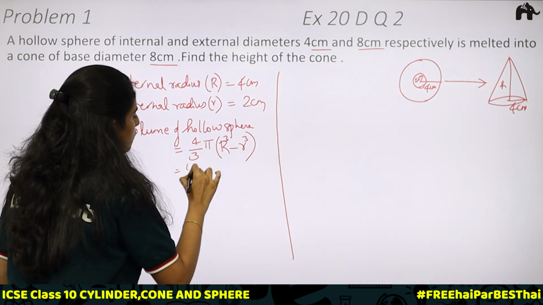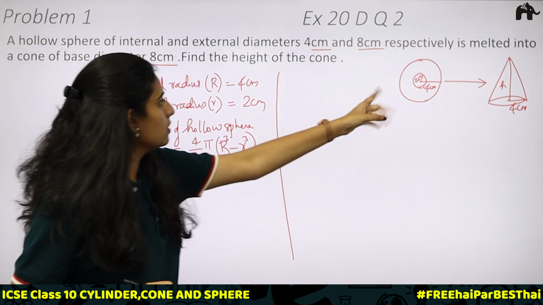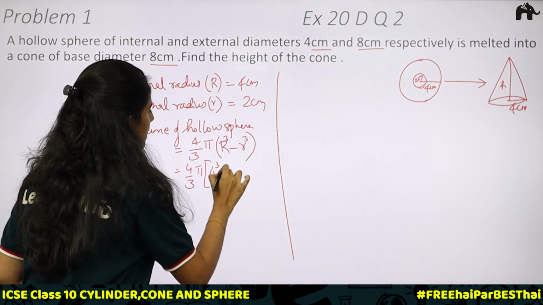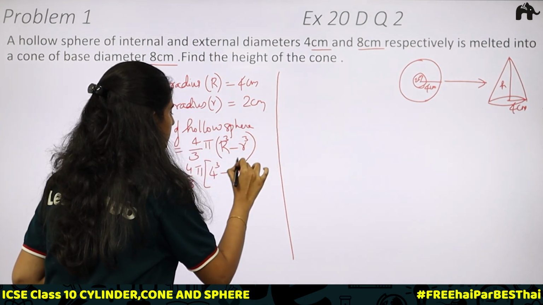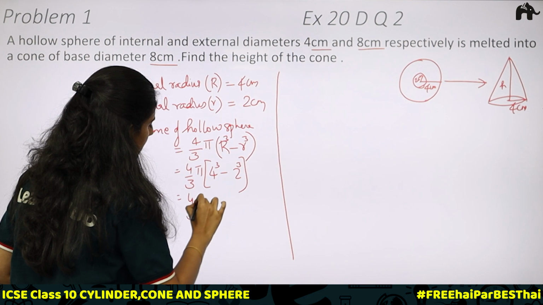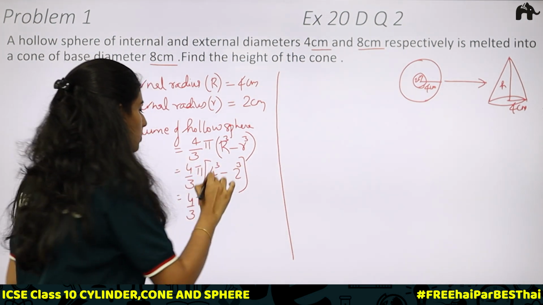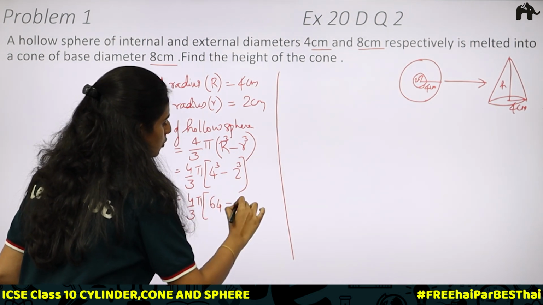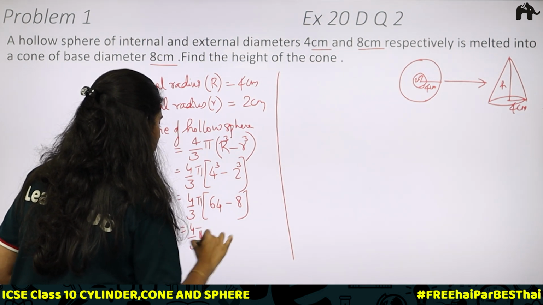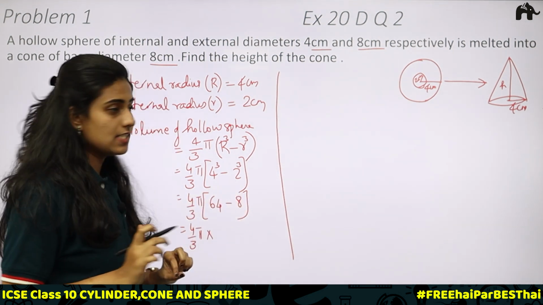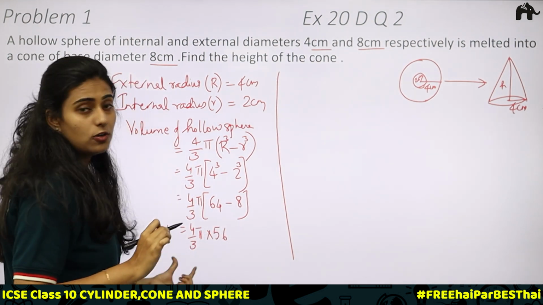Put the values. 4 by 3 pi, capital R cube is 4 cube, minus small r cube, 2 cube. What is 4 cube? 4 into 4 into 4 equal to 64, minus 2 cube which is 8. We get 4 by 3 pi into 64 minus 8, which is equal to 56. So this is the volume of the hollow sphere.